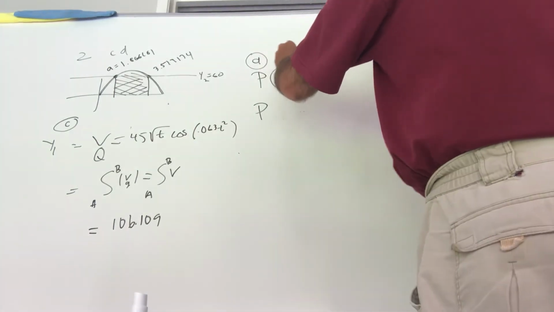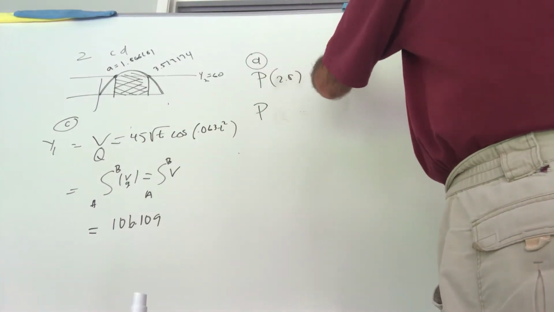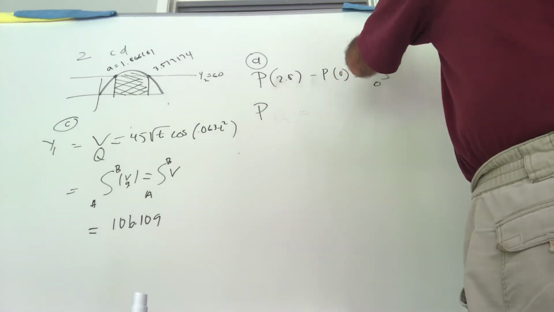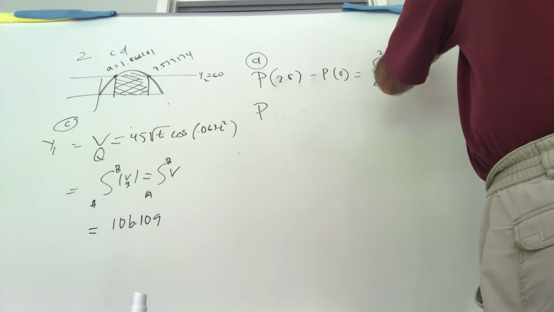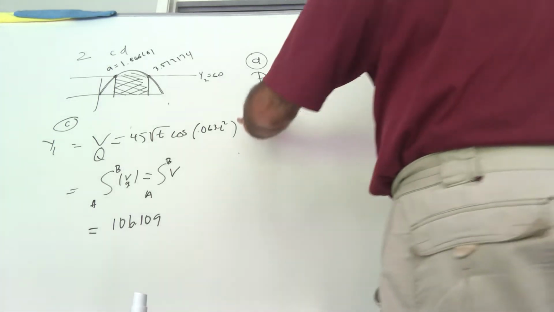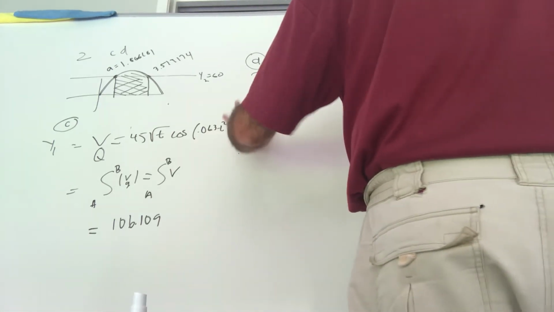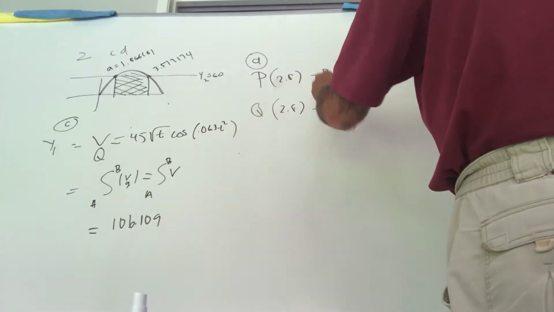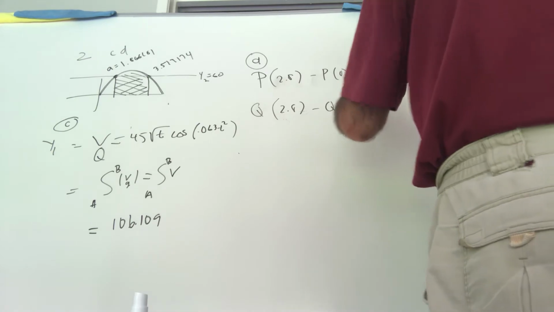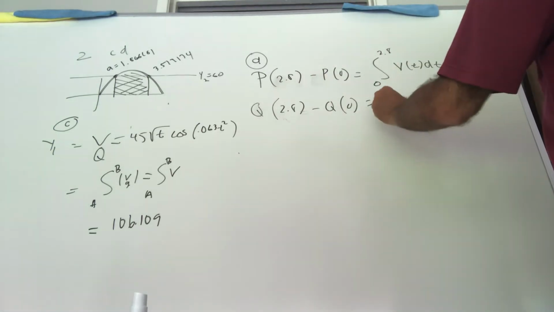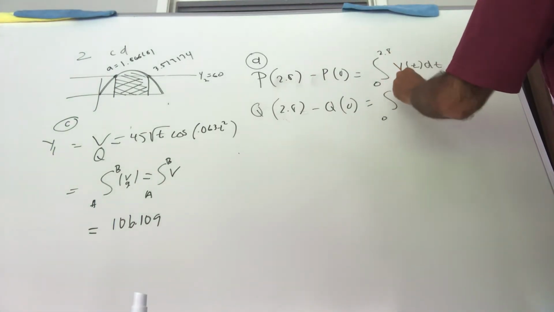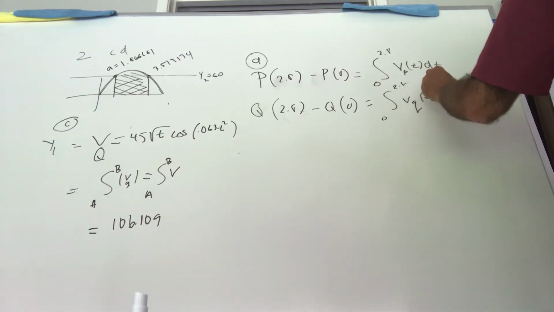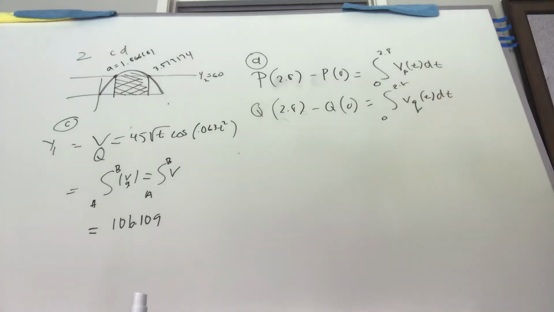P of 2.8 minus P of 0 is going to be the integral from 0 to 2.8 of the velocity of P. I was kind of doing it the way the AP exam was doing it. And then Q of 2.8 minus Q of 0 is going to be the integral from 0 to 2.8 of the velocity of Q. Sorry, the notation is kind of funky here.